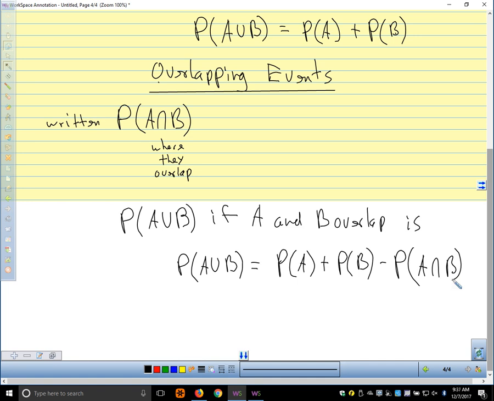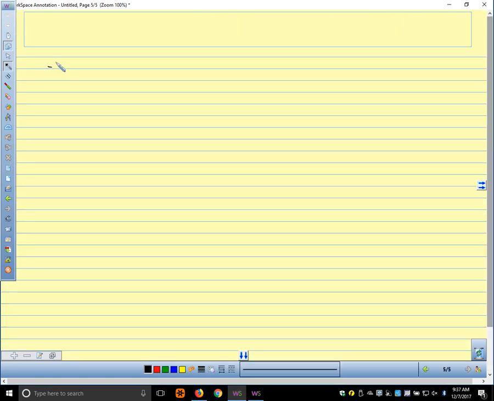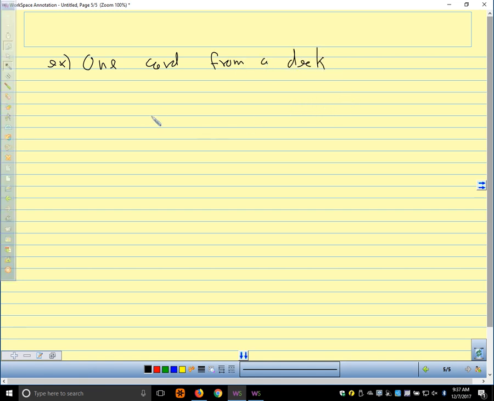All right, so let's look at a couple of examples using mutually exclusive events and overlapping events. Let's say we're drawing a single card, and we want to know the probability of a club or a face card.